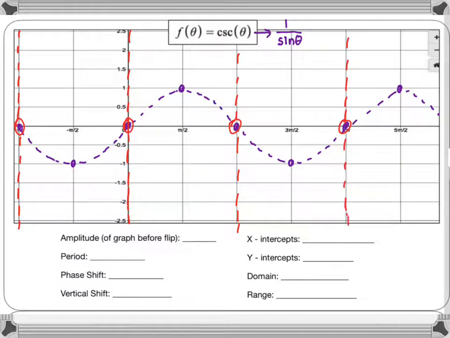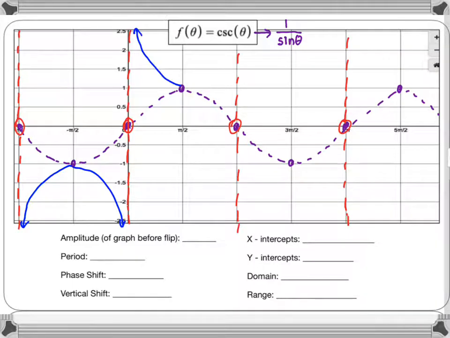And for cosecant, since we're taking the reciprocal, that's going to flip the values, and therefore it's going to flip the actual sine part, the valleys and peaks, like this here. And it is going to go right towards the asymptotes, of course.